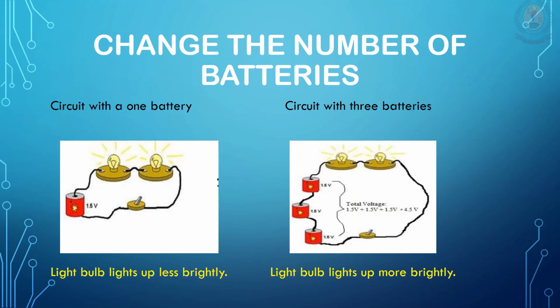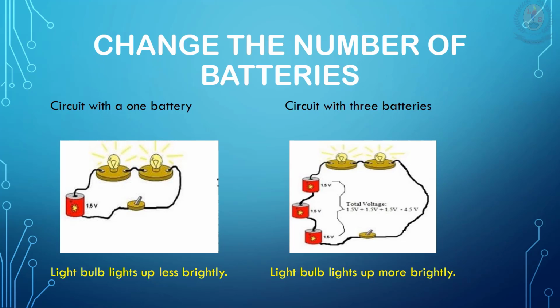So my dear children, you know the battery is the one which supplies the energy to flow the current of a circuit. In the first picture, the battery will supply the energy for the two light bulbs. But the second circuit contains three batteries.